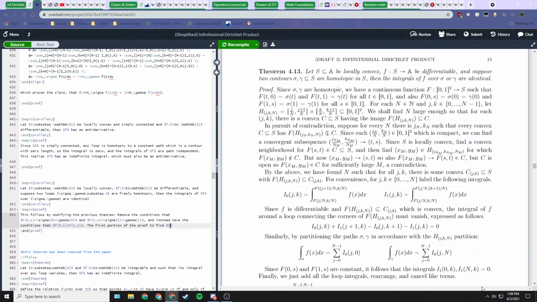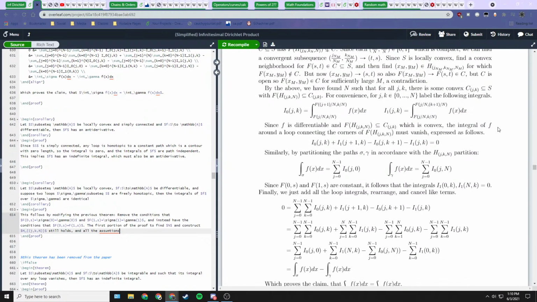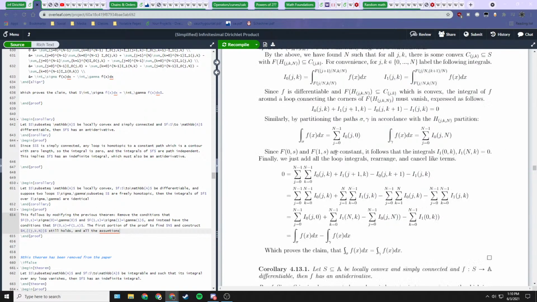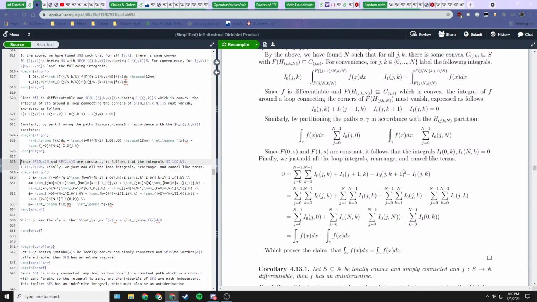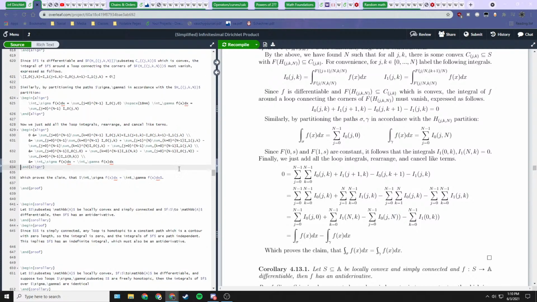The first portion of the proof, to find n and construct h, the jkn, still holds, and all the assumptions. Also, this is messy. Let's do this.